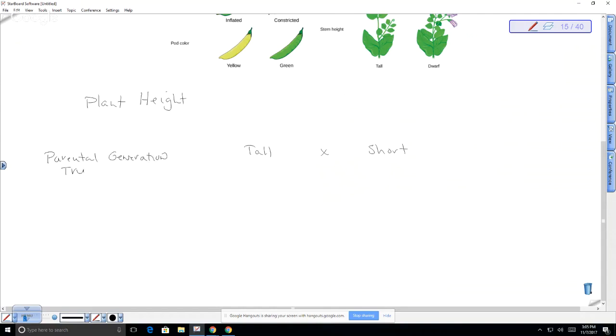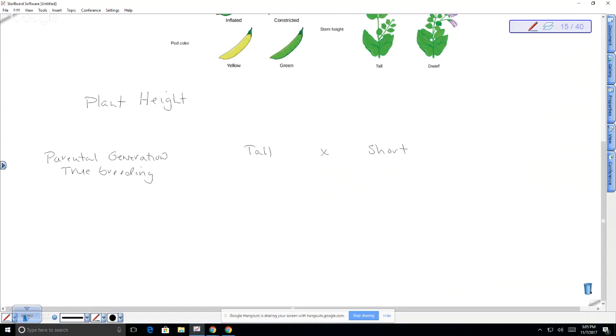And these are true breeding seeds. True breeding means that if I took this tall plant and mated it with another tall plant by taking the pollen from one flower and fertilizing it, then I would always get tall plants. Right? I would never get short plants coming back out. So they're called true breeding.